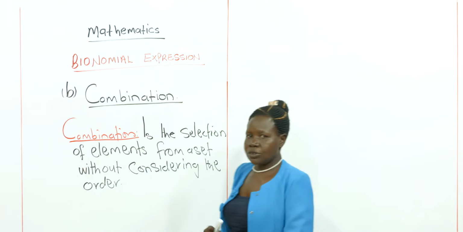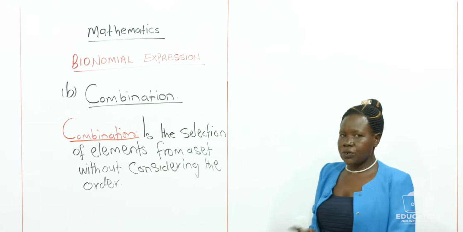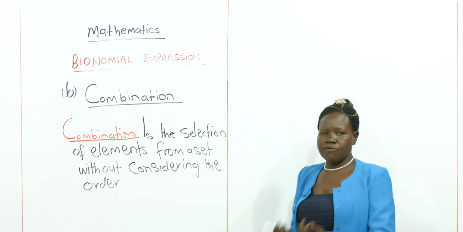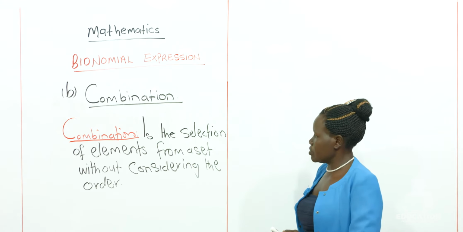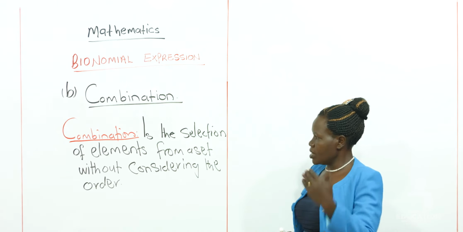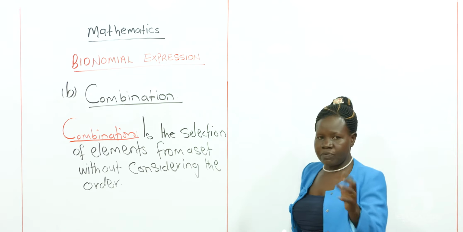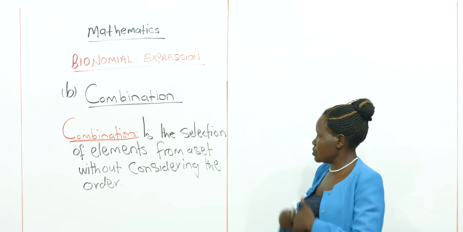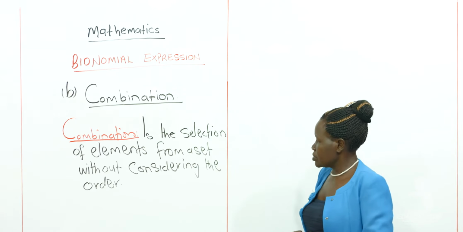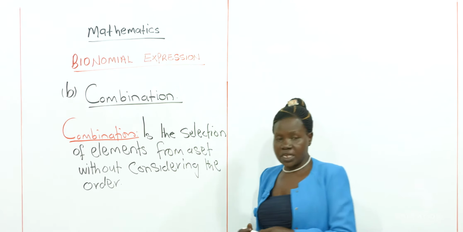Learners always tend to mix up combination and permutation because they involve almost the same activity, while permutation means forming, and combination means selecting without the order taken into consideration.